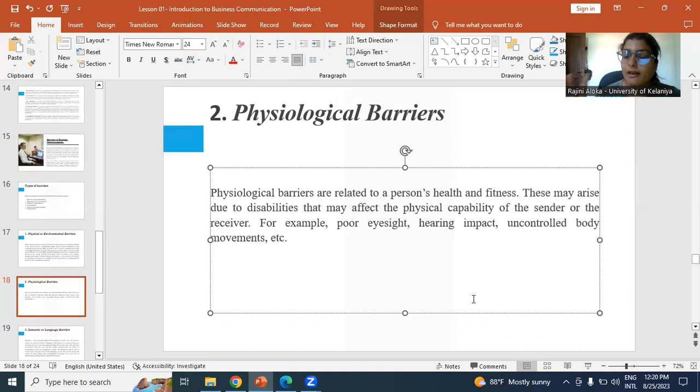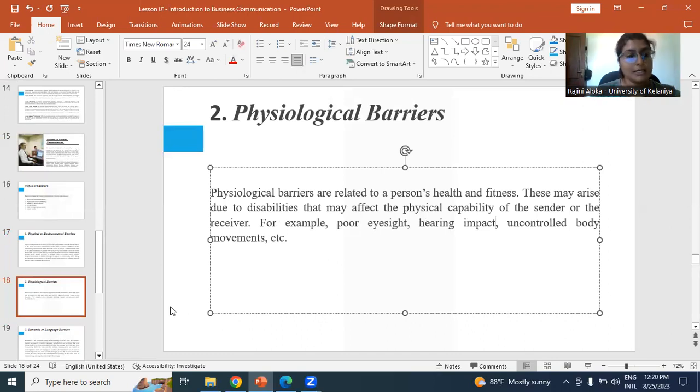So we should actually think about what is the best media to communicate, and how to communicate this message properly. So we have to consider all these factors.